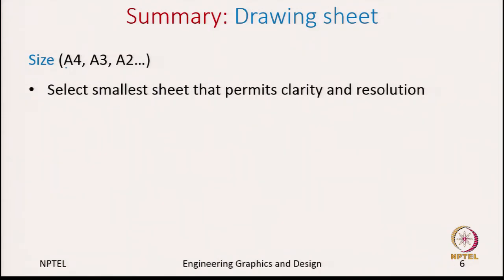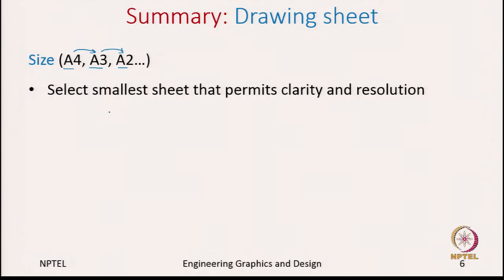So, in summary, what we have looked at about the drawing sheets is, we started with sizes of the sheet: A4, A3, A2, and as you go in this direction the size of the sheet doubles. Going from A4 to A3 we double it, and again from A3 to A2 we double the size.